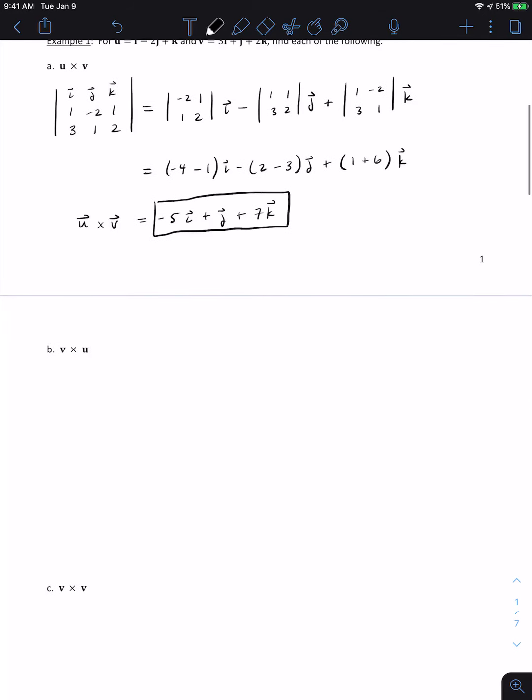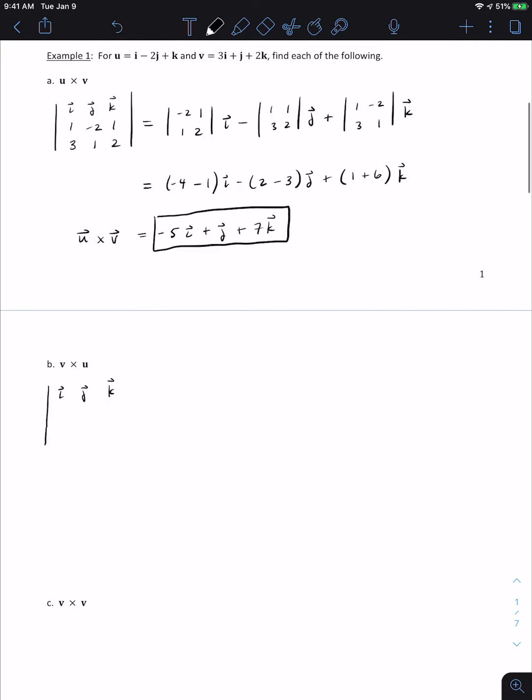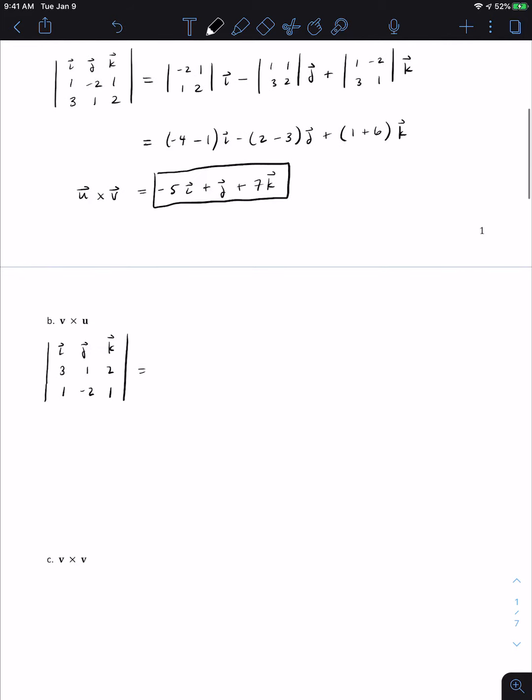Okay, so now let's look at v cross u. So in other words, switch my rows here. So I still have the i, the j, and the k, but now I put the components of v first. So I put 3, 1, 2, and then I put 1, negative 2, 1. And then this time we'll go a little bit faster.